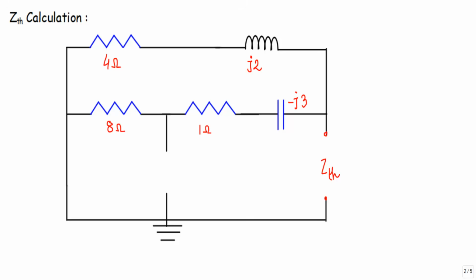So for ZTH calculation, our circuit will look like this. See here, I have removed the current source. That means I have replaced the current source with an open circuit and the voltage source with a short circuit.